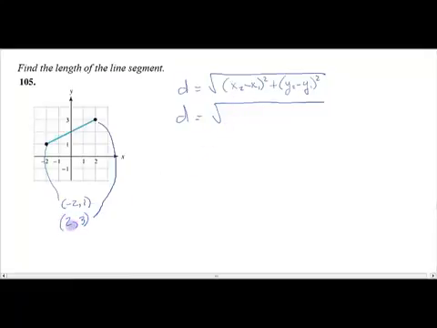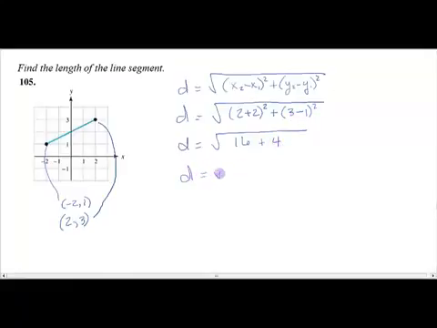So this gives me the x of the second point, which is 2, minus the x of the first point, which is -2, so it makes it a +2 quantity squared, plus y2, which is 3, minus y1, which is 1, all squared. So d is the square root of 2 plus 2, which is 4, squared, plus 3 minus 1, which is 2, squared, is 4.